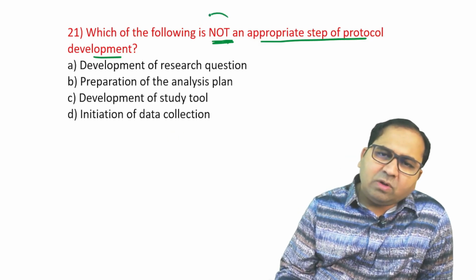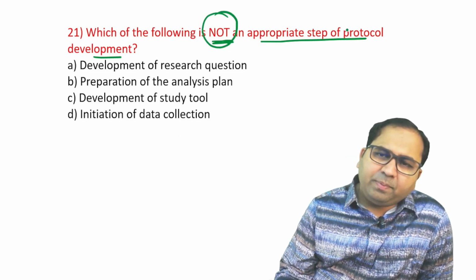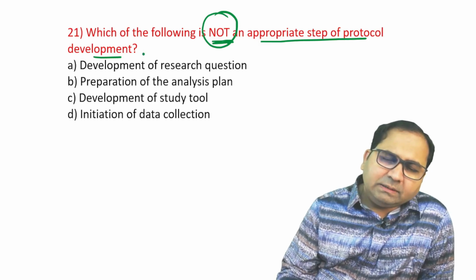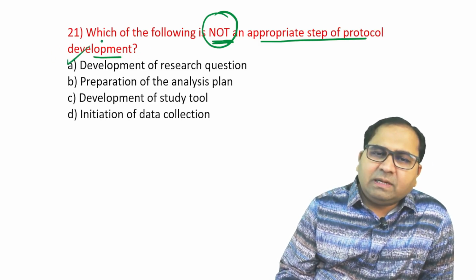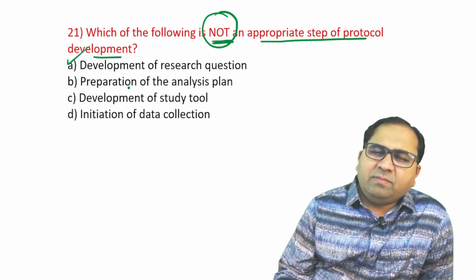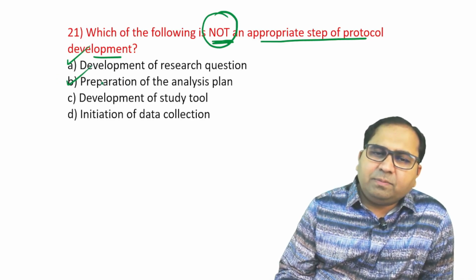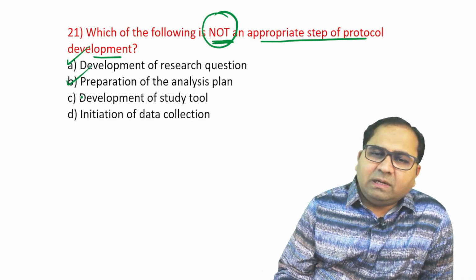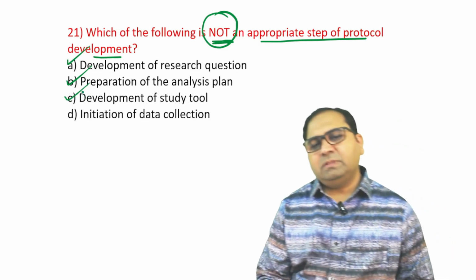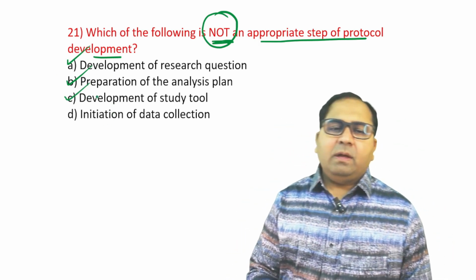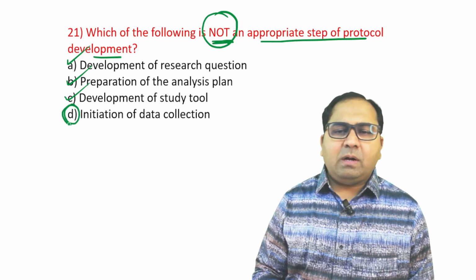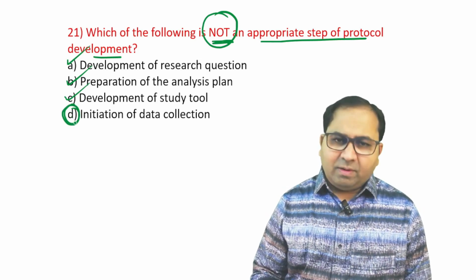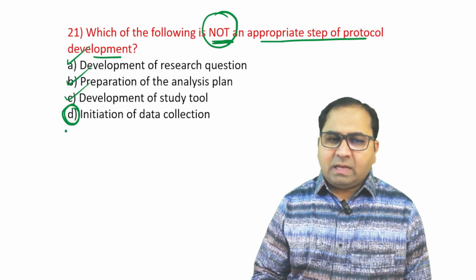Let us see the options again. Development of research question, yes, it comes under this. Preparation of the analysis plan, yes, even this comes under the protocol. Next is the development of study tool, yes, even this comes under this step. Lastly, the initiation of data collection, no, this is not a part of the protocol development. So please remember the question and also the answer.